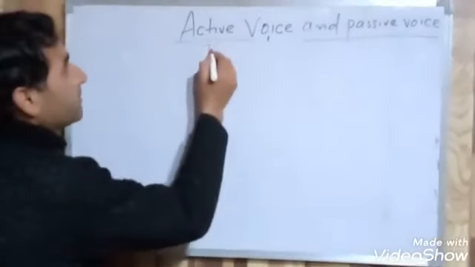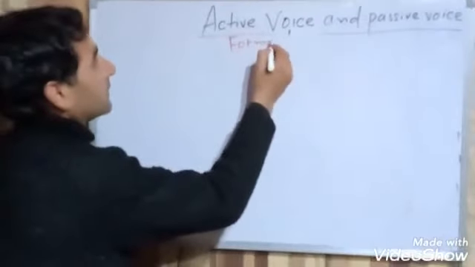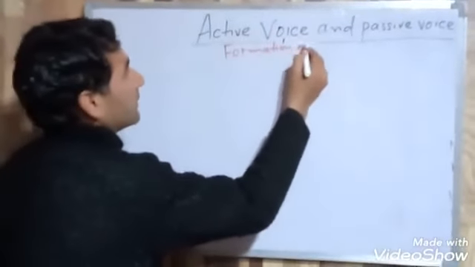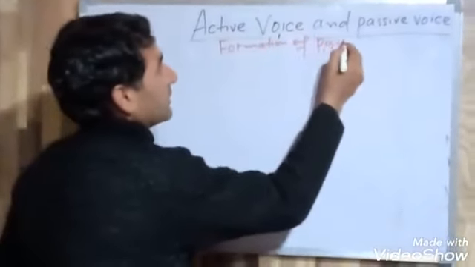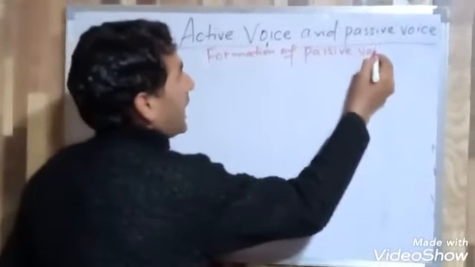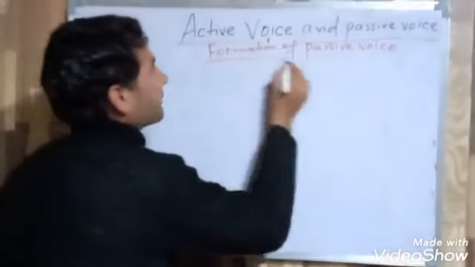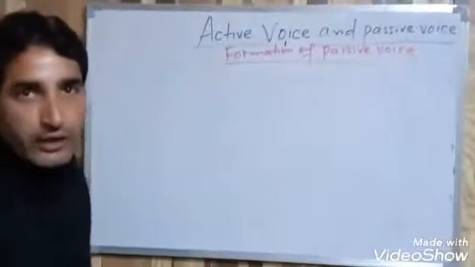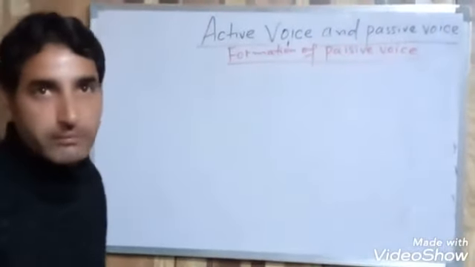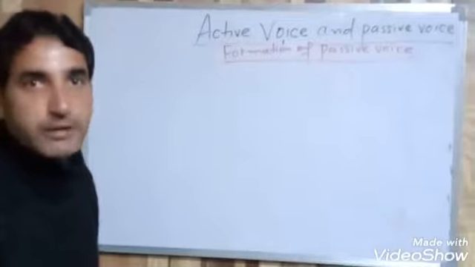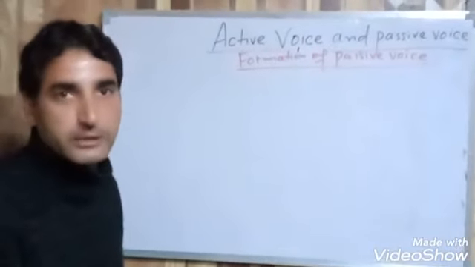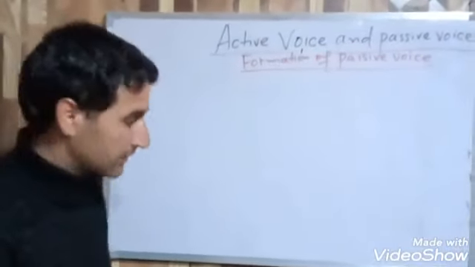Now let us see the formation of passive voice. How do we change a sentence from active voice to passive voice? There are certain rules which you have to remember, and at the end you will be in a position to change the sentence from active voice to passive voice.